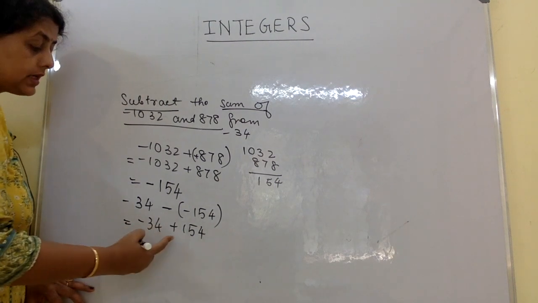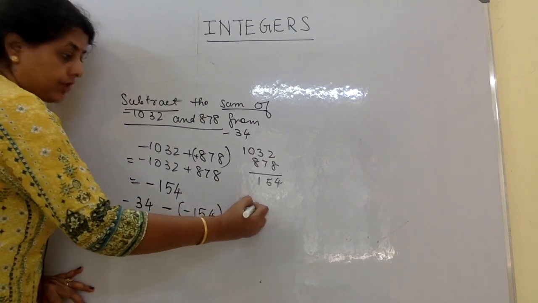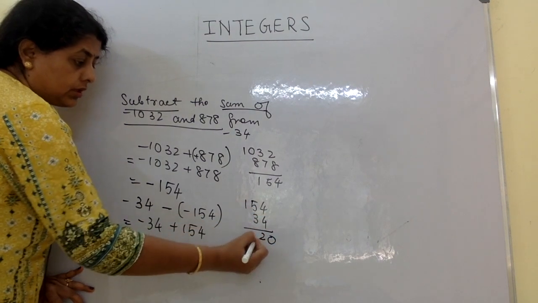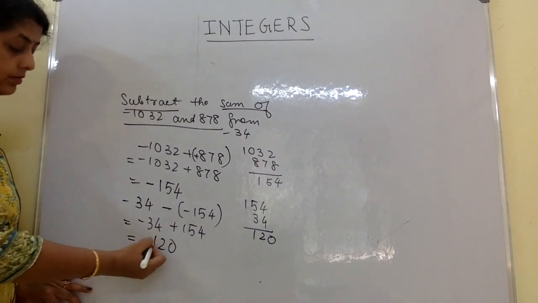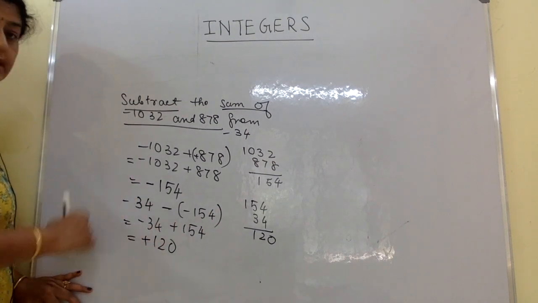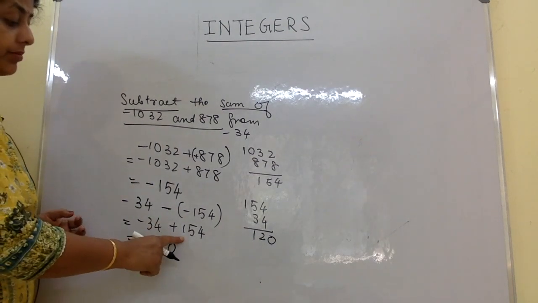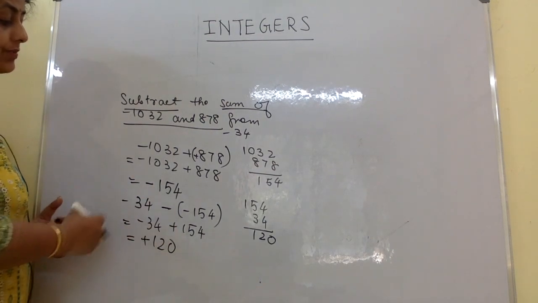Since they have different signs, I will now subtract 154 and 34. So 0, 2 and 1, 120. The sign is positive because 154 is positive. The sign of the number bigger in magnitude is positive.